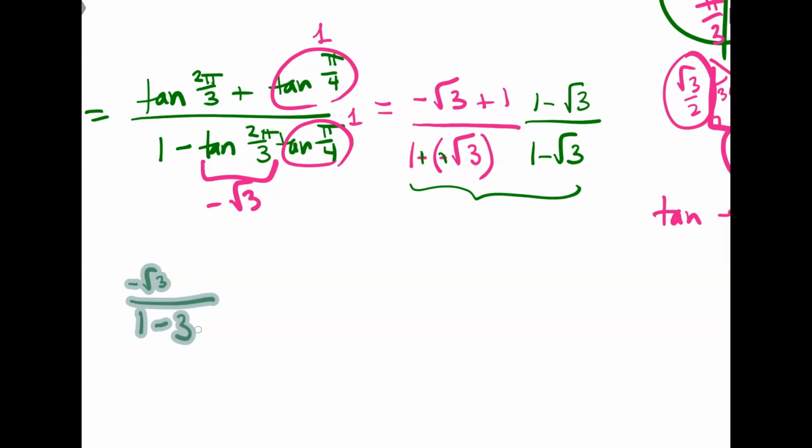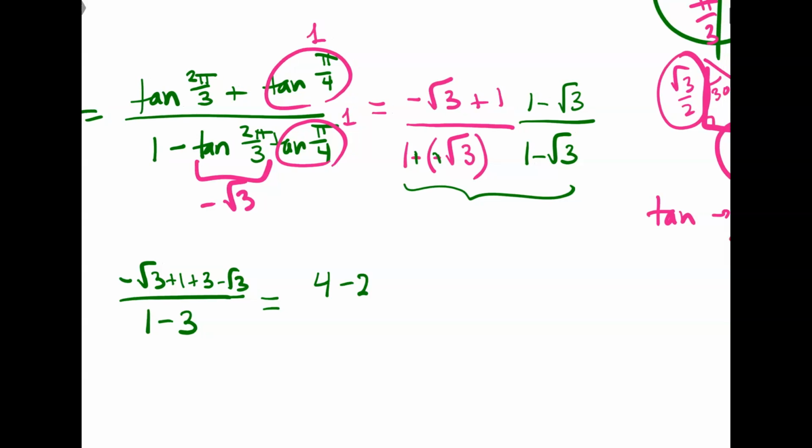Let me rewrite this so it looks a little neater. Okay, so negative root 3. Let's see, the bottom is 1 minus 3. Then I have plus 1, plus 3, minus root 3. So this just turns into 4 minus 2 root 3 over negative 2. But I can simplify this.